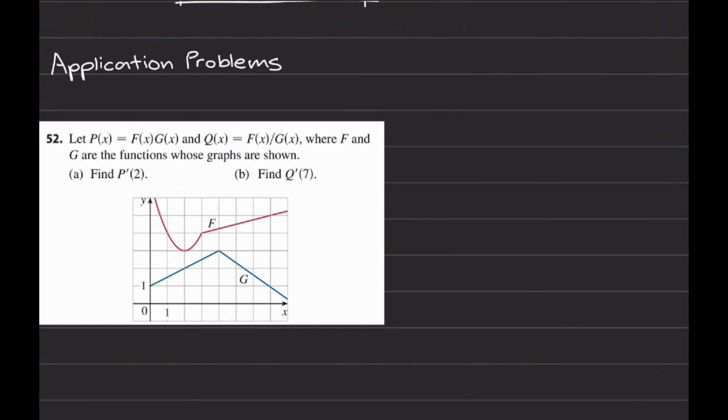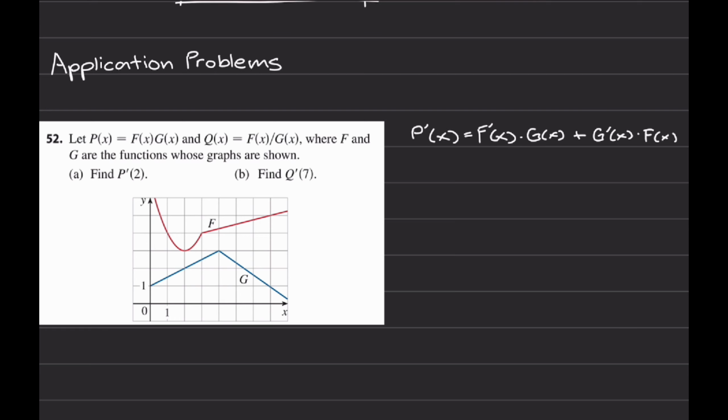Okay, so we know P prime of x, from the product rule, is equal to f prime of x times g of x plus g prime of x times f of x.